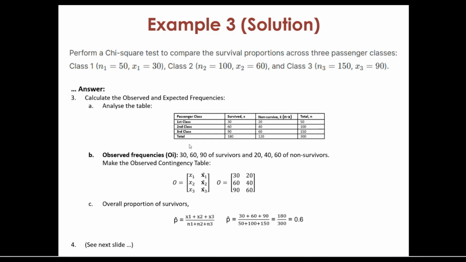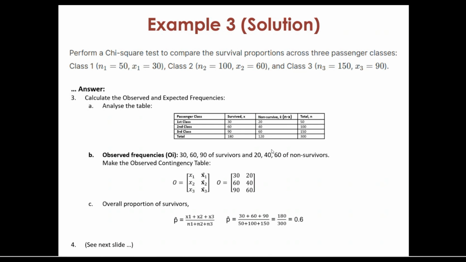On the first column, you state the population classes: class 1, class 2, class 3, and then the following columns will be used to show the number of survivors. Then we have the total, right? So we can come up with the number of deaths, non-survivors, by just taking the total minus the survivors. 50 minus 30 gets 20, and so on and so forth.